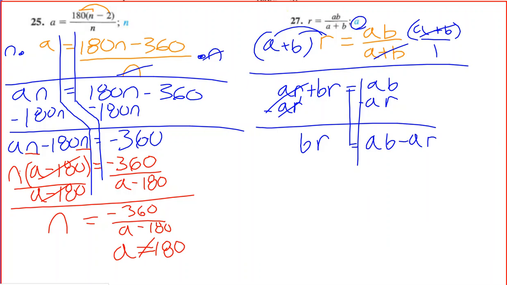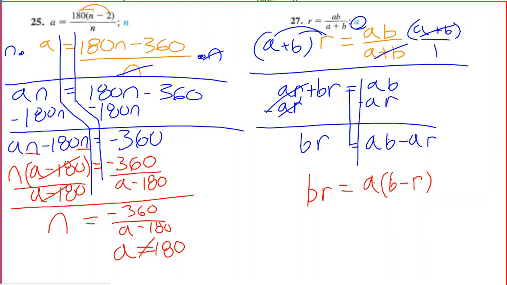All right, so now we have A's in two places on the right side. Well, this is super helpful because we have A times B and we also have A times R, which means that I can write this by saying BR is equal to A times B and A times R, by putting B and negative R in the parentheses, because A times B is AB, A times negative R is negative AR.